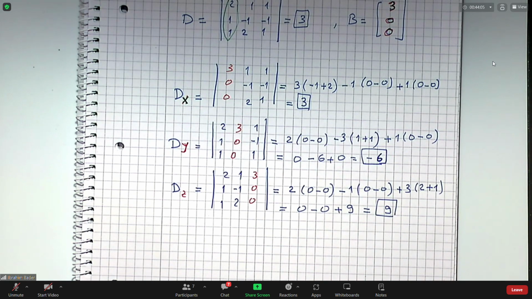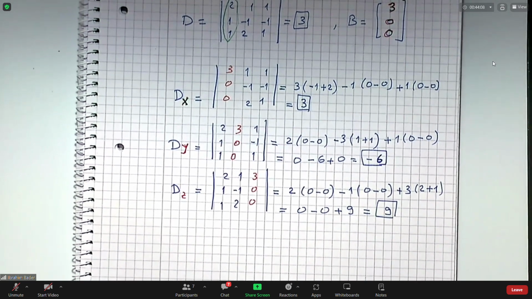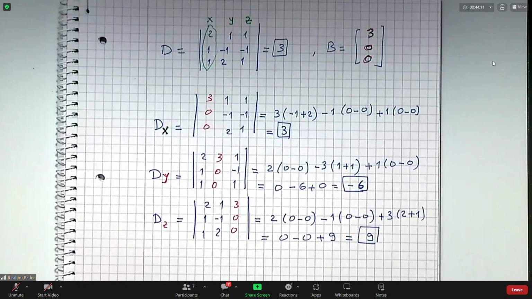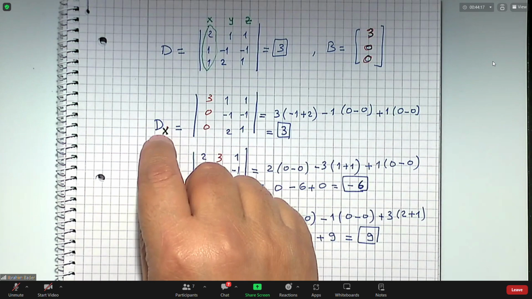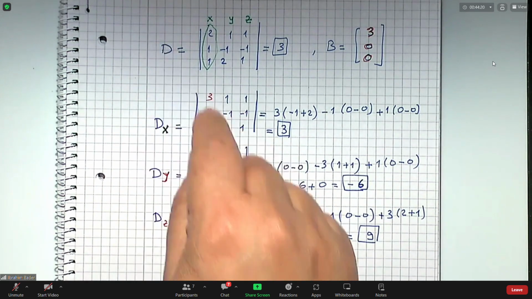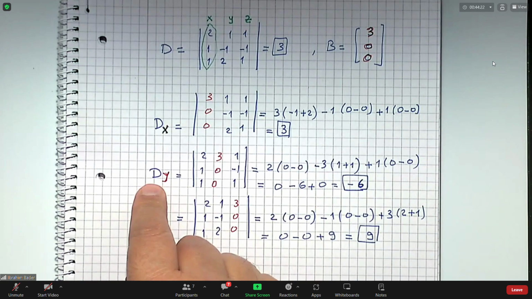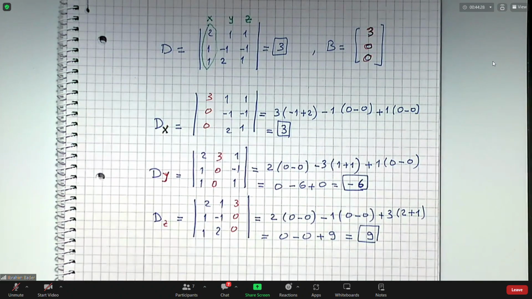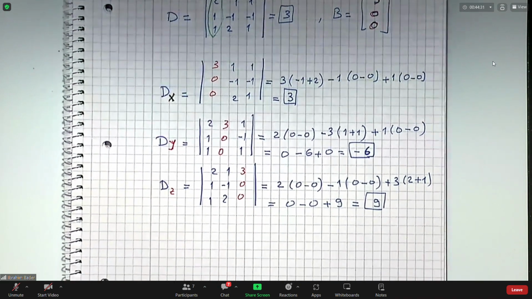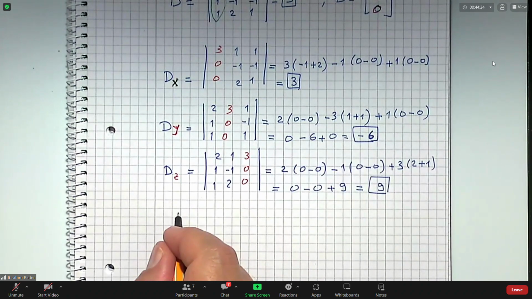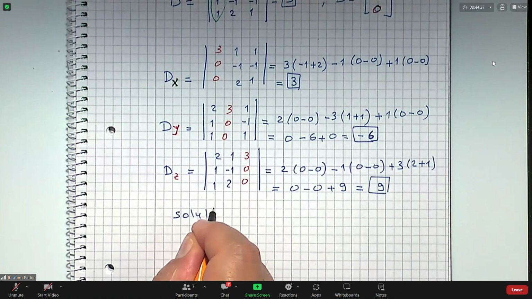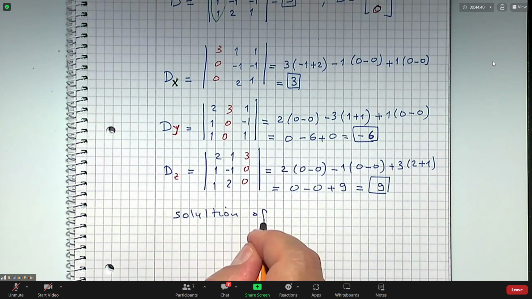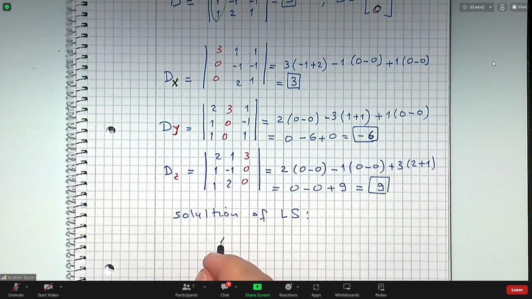Okay, so now after I evaluate the determinants, if you go to the rule, it says that for each variable, for instance, to solve for x, you divide d sub x by d. To solve for y, you divide d sub y by d, and to solve for z, you divide d sub z by d. So this is what the rule says. So the solution of the linear system is x equals d sub x over d.